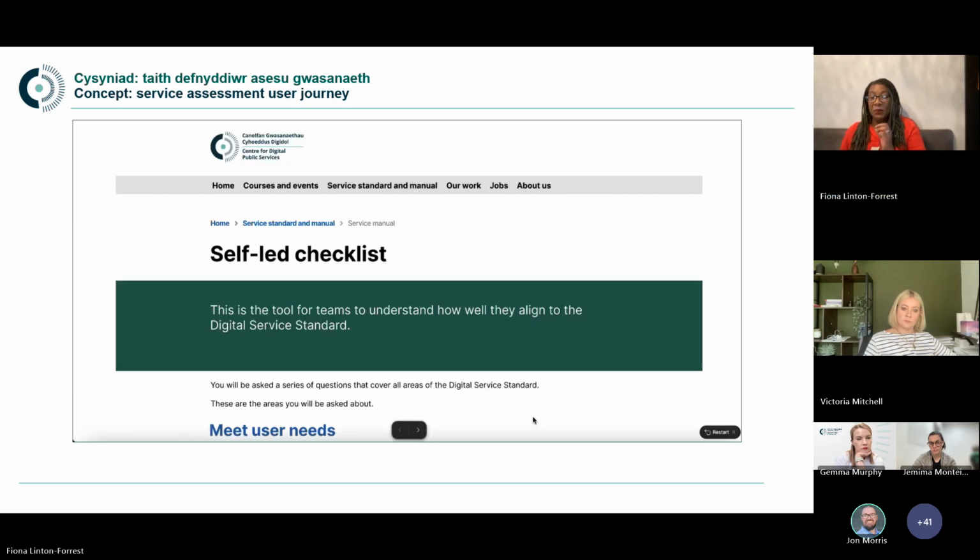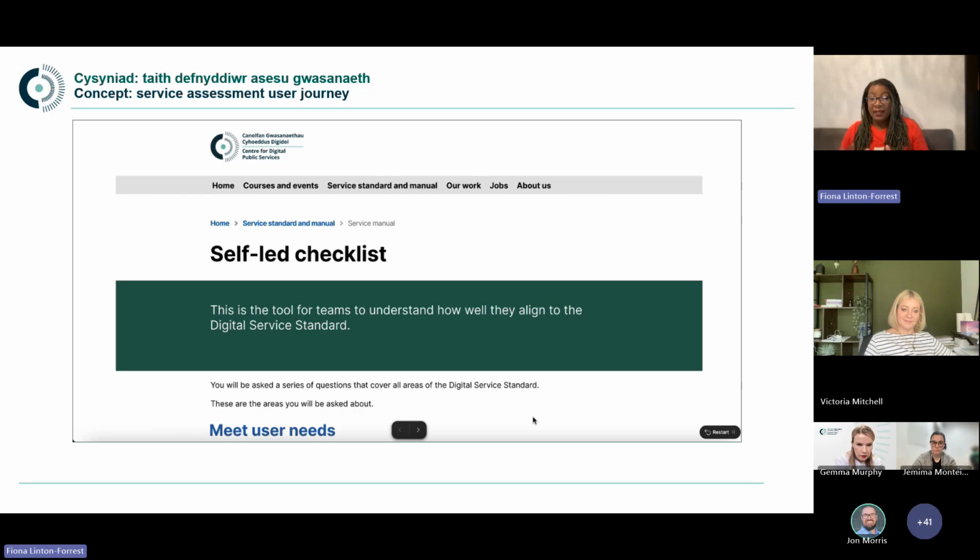And we designed 3 prototypes in Figma, quite high fidelity, to allow the participants to experience the checklist. We went through the service standard bit by bit, and we created questions for each section. There were 56 questions in total.